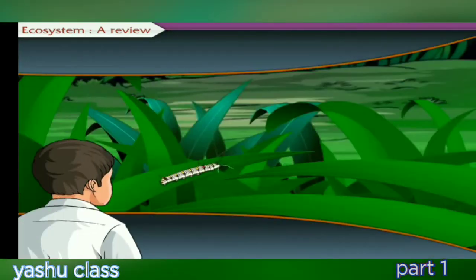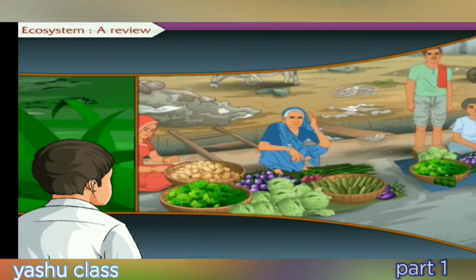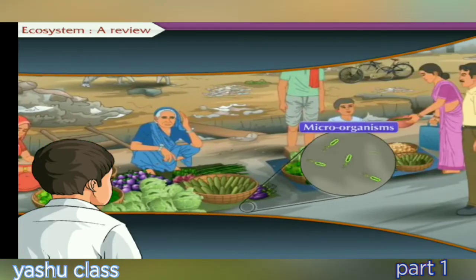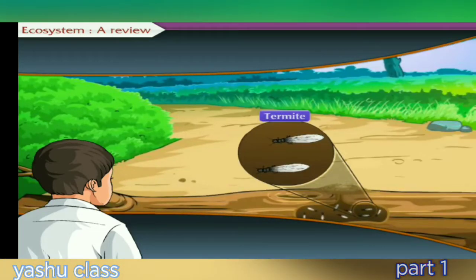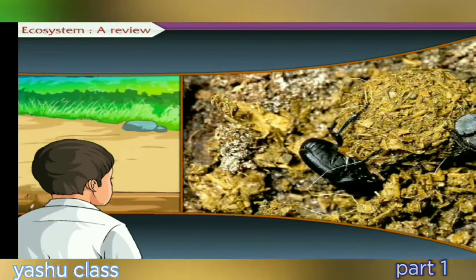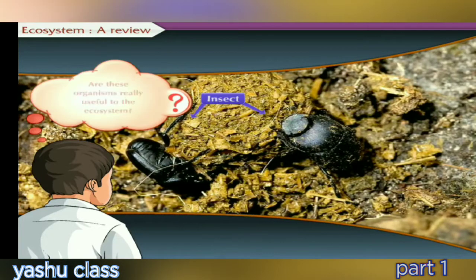You might have definitely wondered at times whether these worms feeding on the leaves, innumerable microorganisms found at filthy places, these termites, these insects in the animal dung are really useful to the ecosystem?